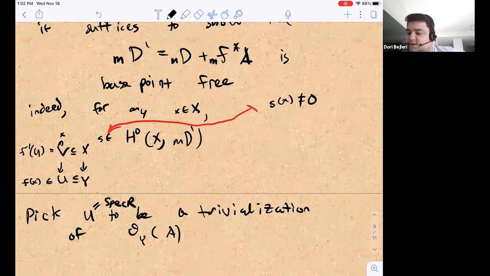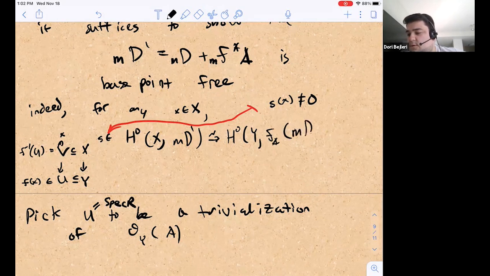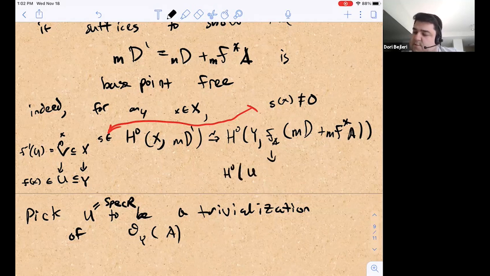So maybe more precisely, this is first isomorphic to H^0 on Y of the pushforward, which then we can restrict to our U. And when we restrict to our U, this A goes away.